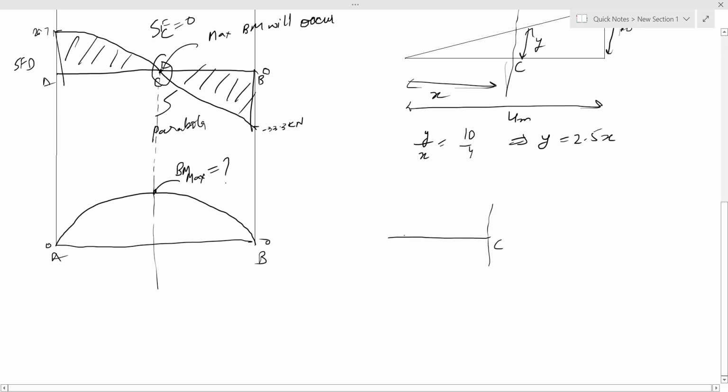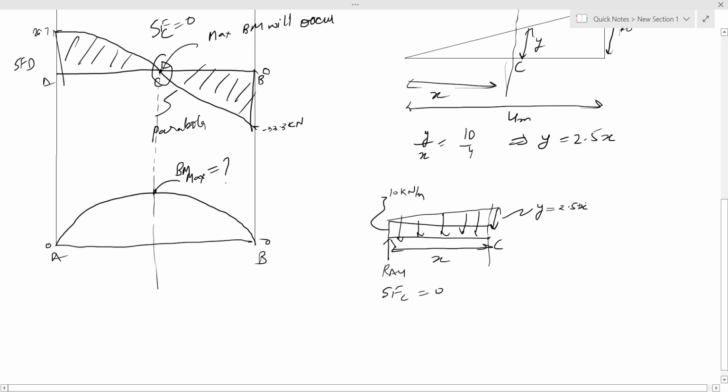Let this be point C. This is RA, this is UVL of 10 kilonewton per meter. This distance is X and this intensity is Y. Y equals 2.5 X.